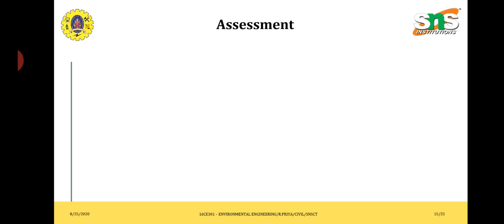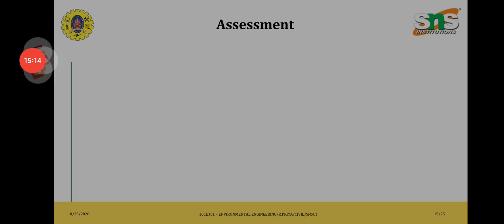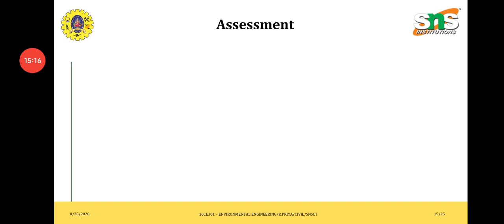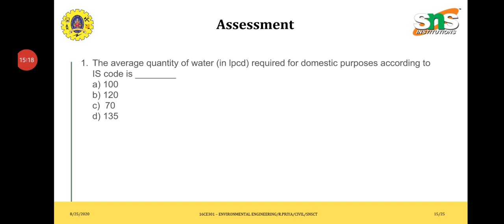Let us see a small assessment on today's class. The first question: the average quantity of water in liters per capita per day required for domestic purpose according to the IS code is dash.